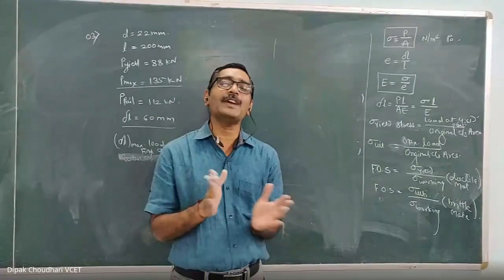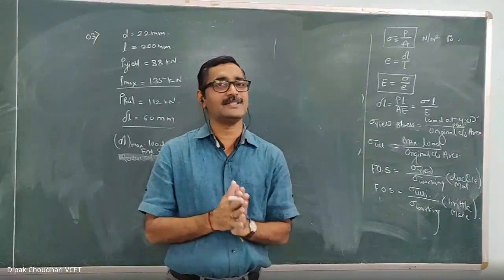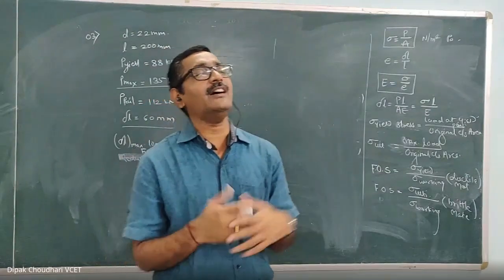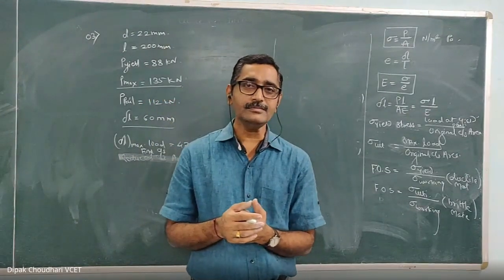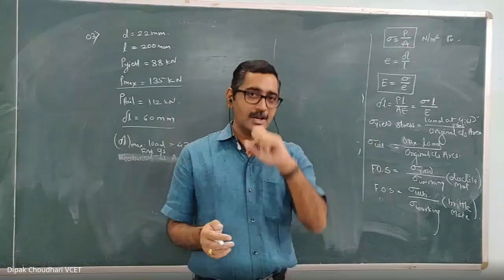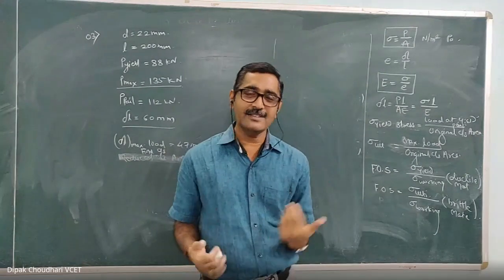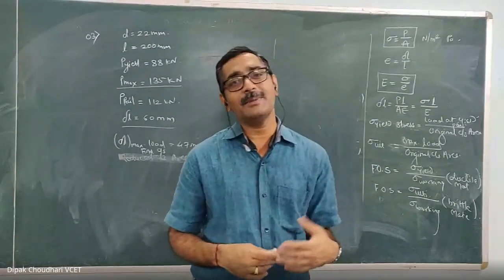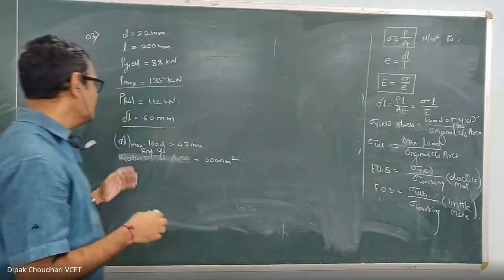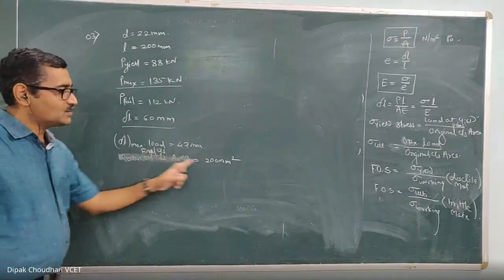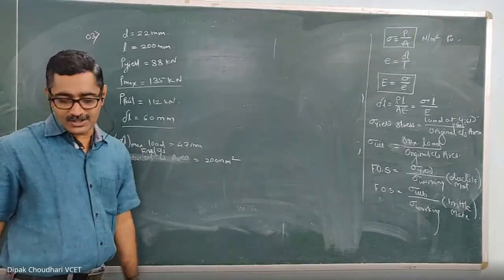If both these factors are greater than 30%, we can say that the material is ductile. If it is less than 30%, we can say that the material is brittle. So this 200 millimeter square is the final cross-sectional area.